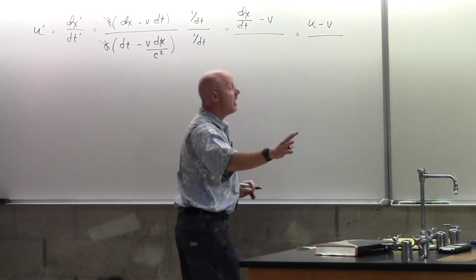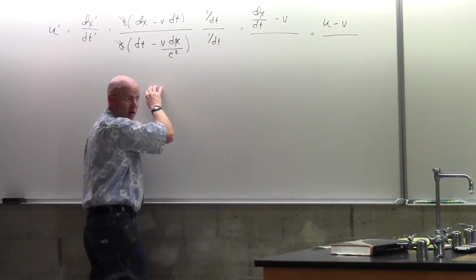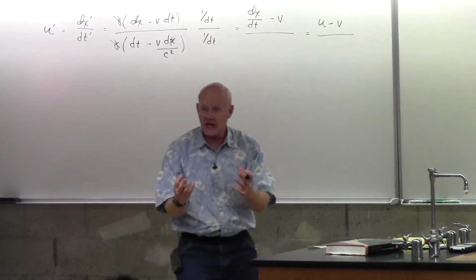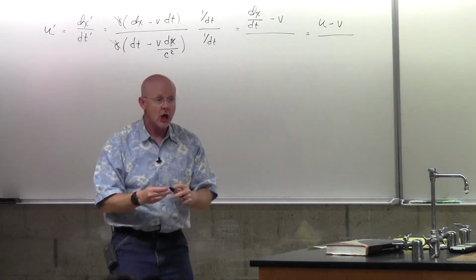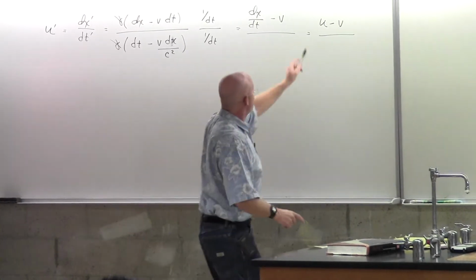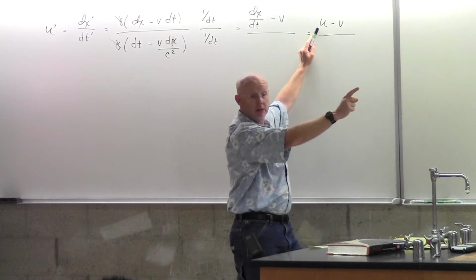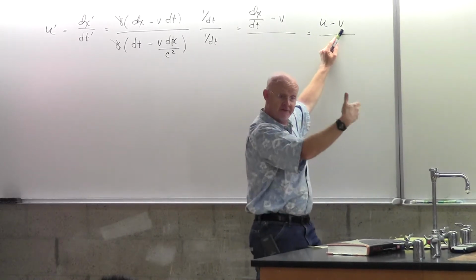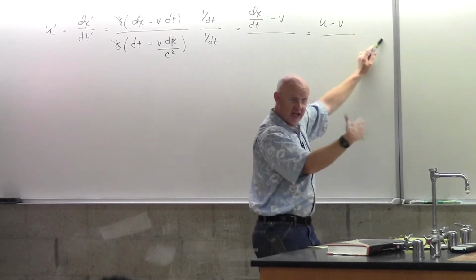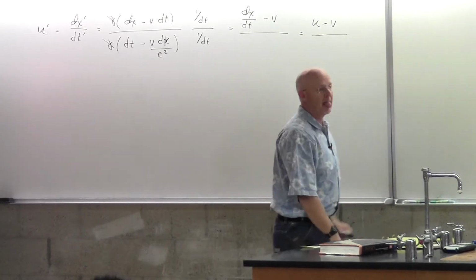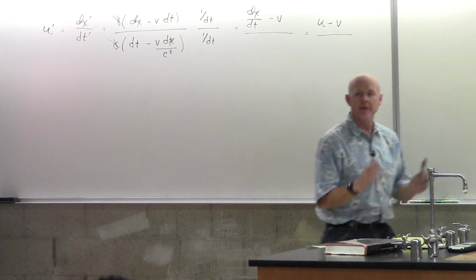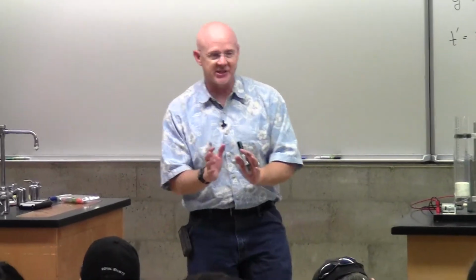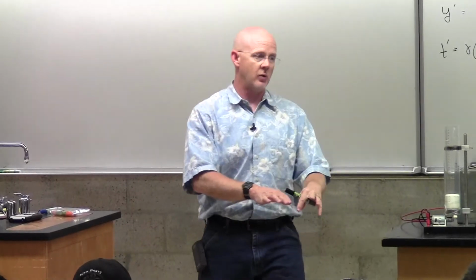Now, if that's all there was, without this other stuff down below, this, I think, makes sense. Isn't that what we would have said in the simple case if we were back to classical physics? We would have said, look, you see the bird going at 20 miles an hour. I am moving at 15. 20 minus 15 is 5. And so the numerator is our old classical idea. The extra stuff is down below.